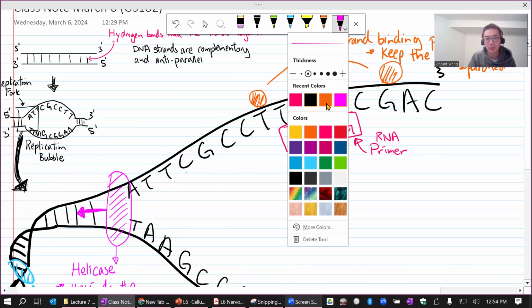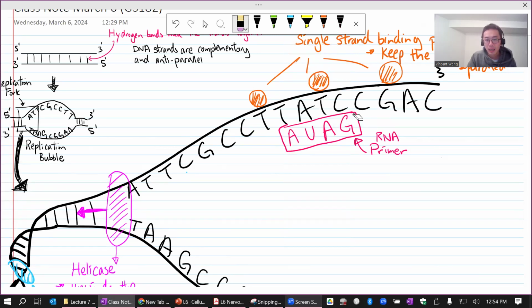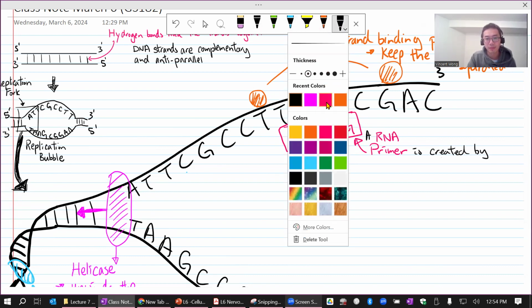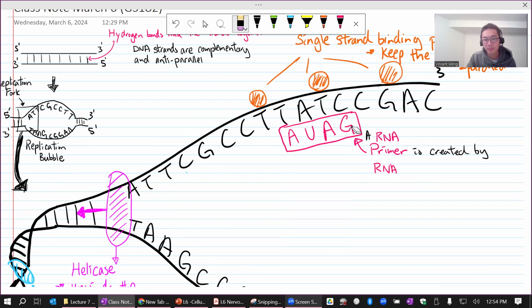Okay, so we'll say our RNA primer is created by, there's an enzyme for that. There's an enzyme for everything. By RNA primase.